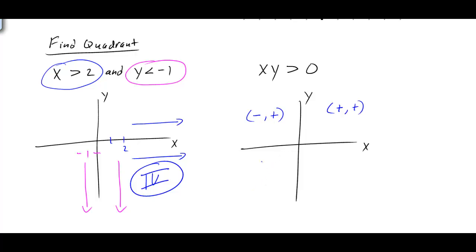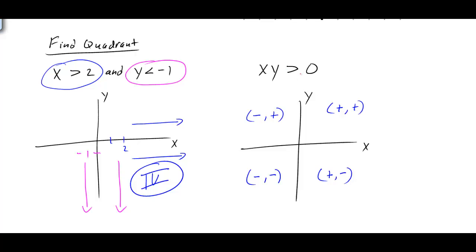If we're in the third quadrant, again, we're going to the left, so that's a negative x, and we're going down, so that's a negative y. And in the fourth quadrant, we're going to the right, so that's a positive x, but we're going down, so that's a negative y.